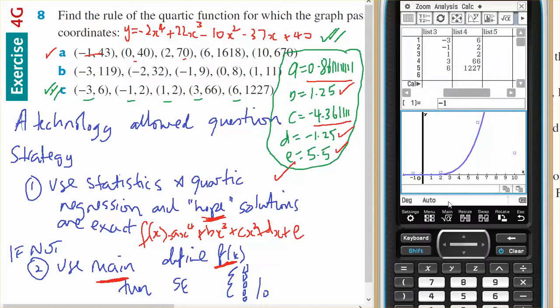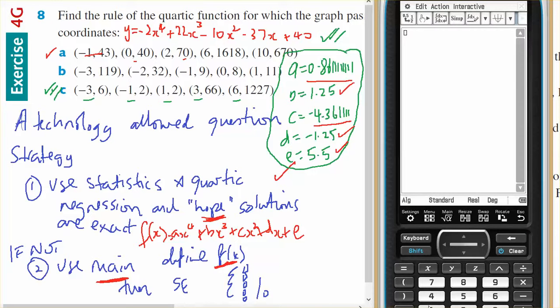So if I go over into Main and I type 0.861111 and press EXE, it doesn't make it exact because all it did is it took this answer, which was in 5 decimal places, and just put it over a 1 with 5 noughts. But if you put in many of the recurring bits, the calculator will then know it as a recurring decimal and will convert it exactly for you into 31 on 36.